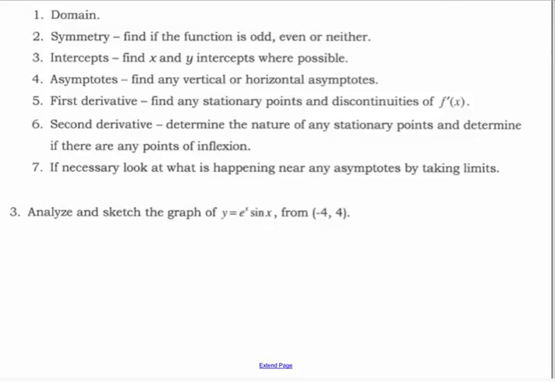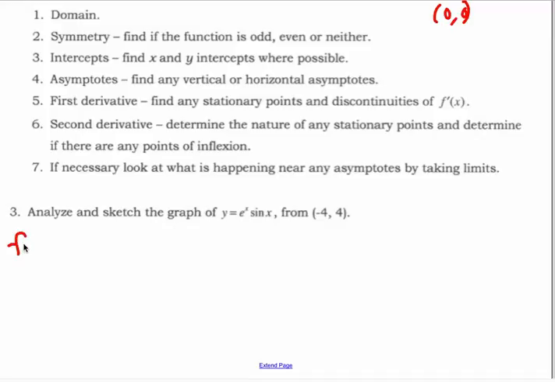now first of all, maybe we can note that sine of 0 equals 0, so we do have the point (0, 0) on the graph. Alright, and let's go ahead and find the first derivative, I suppose.